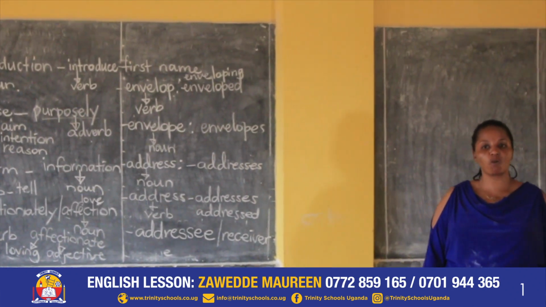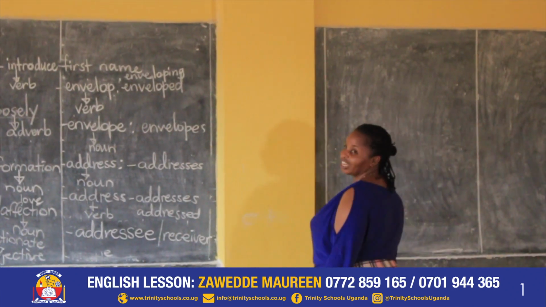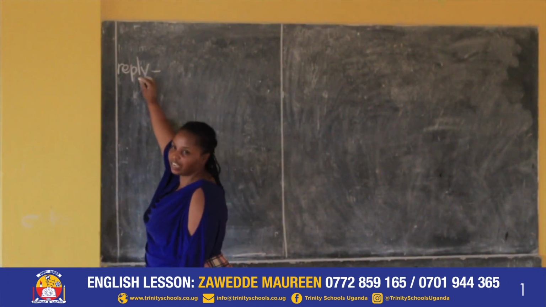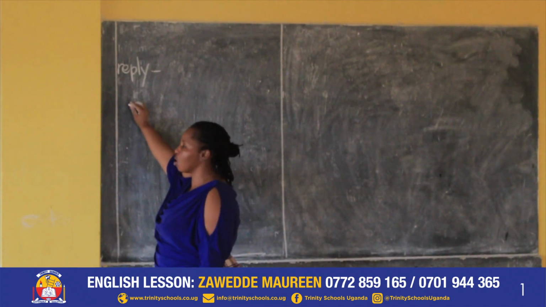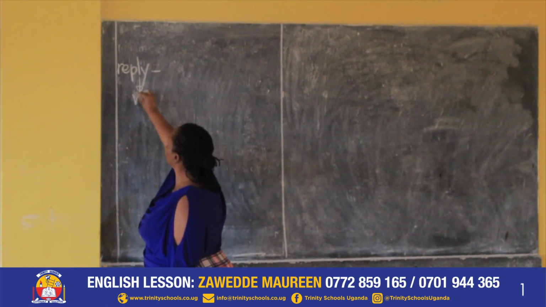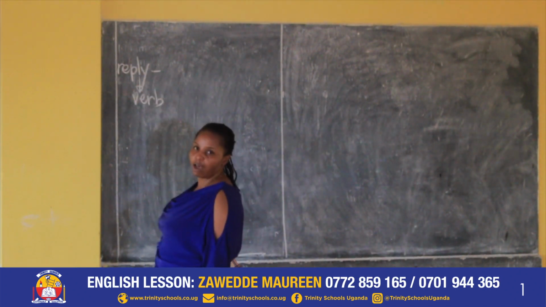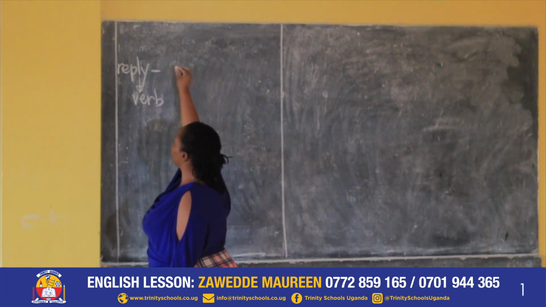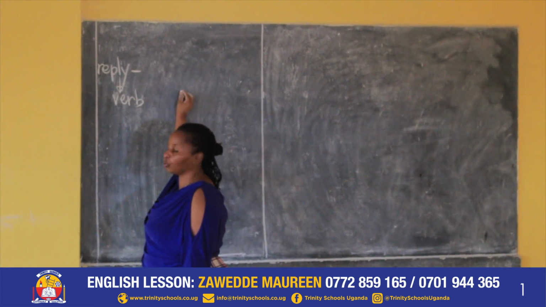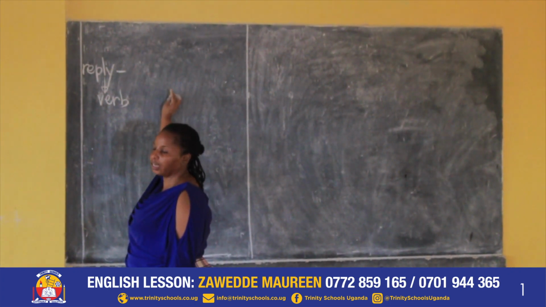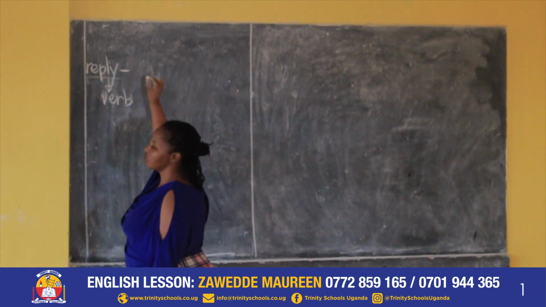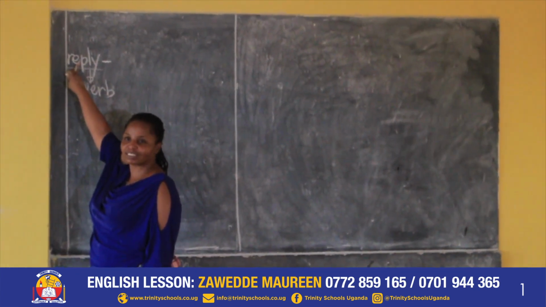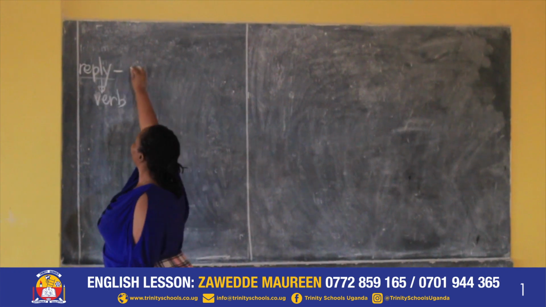When someone writes you a letter, you need to answer back. So reply is both a verb and a noun. So let us first look at reply as a verb. When the person Tyrell wrote to received the letter, he had to reply. To reply is to answer back.